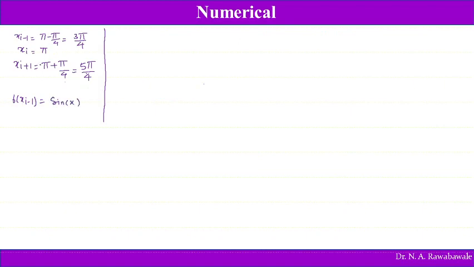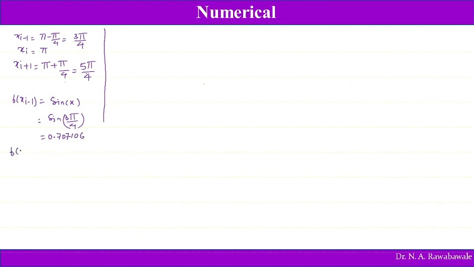If we substitute xi minus 1 as 3 pi by 4, that is sin of 3 pi by 4, we get 0.707106.